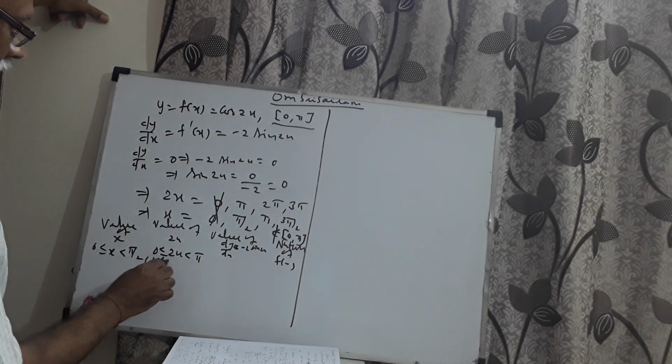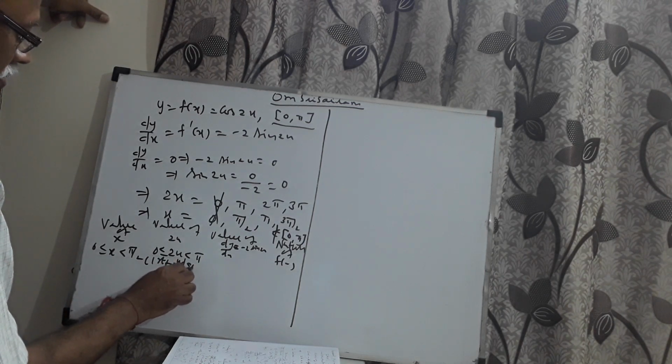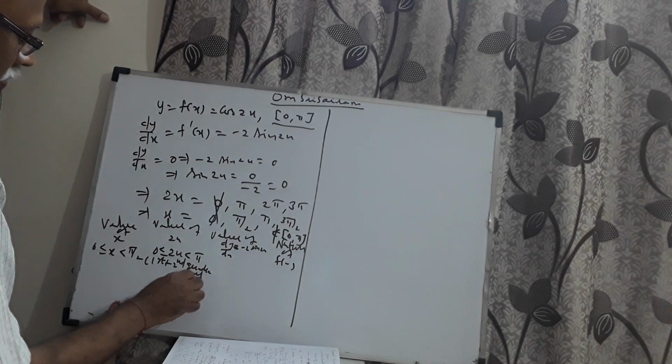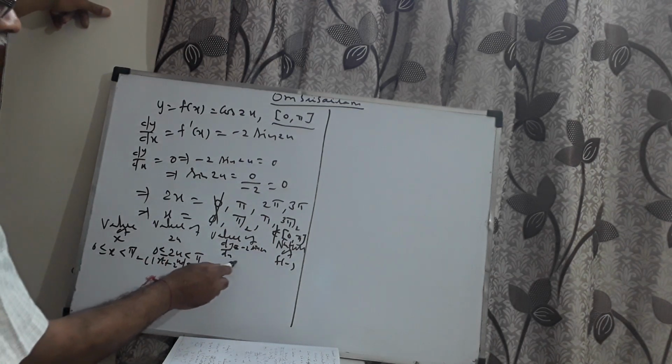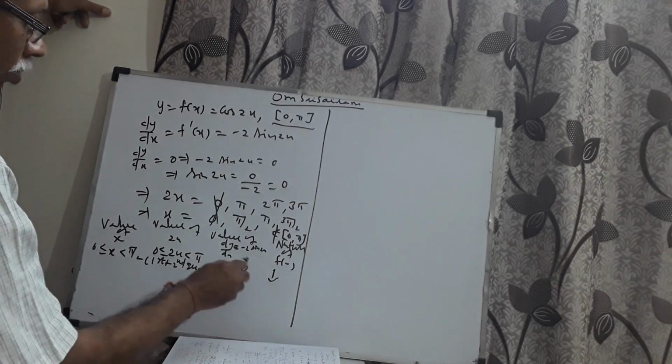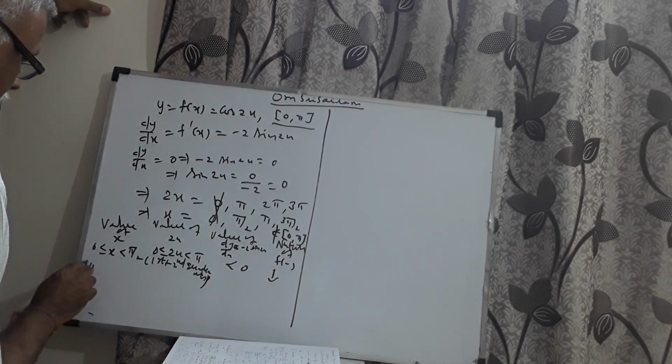These are angles in the first and second quadrants. Listen carefully, sine is positive in the first and second quadrants, but there is a negative sign.